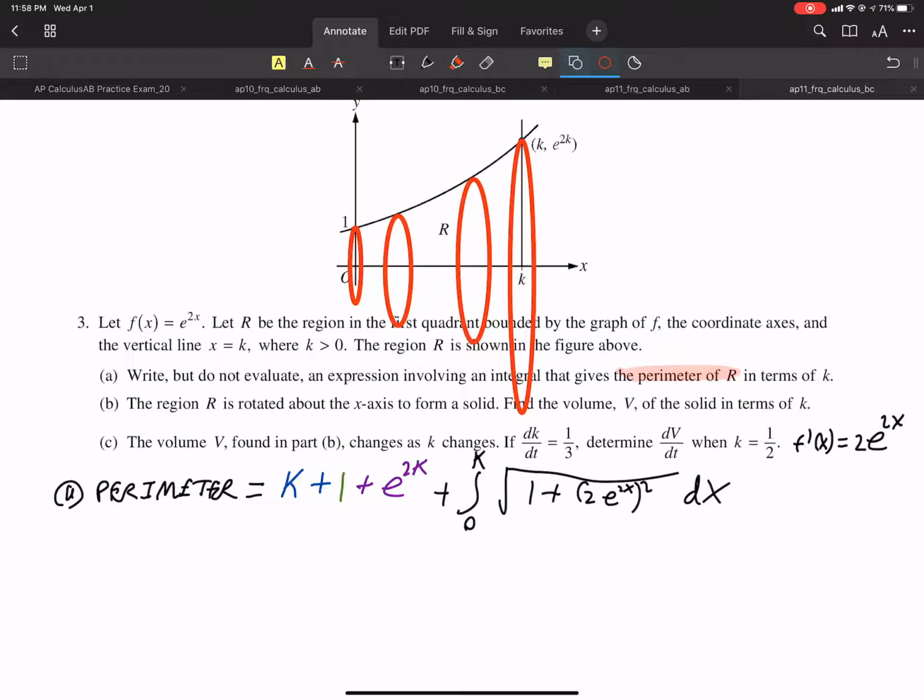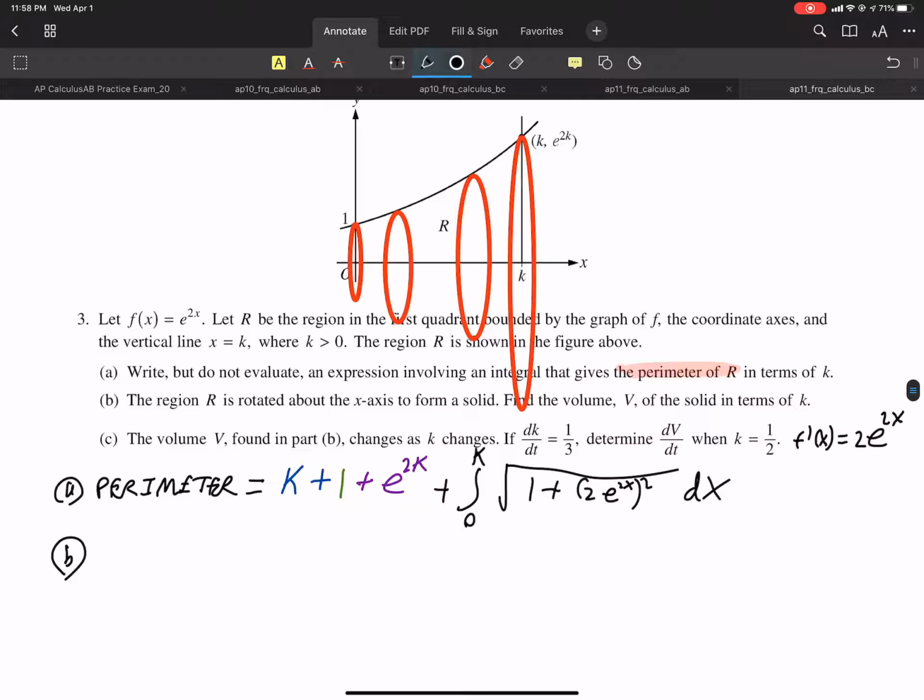So how do you find this volume? To find the total volume, you have to add up all the volumes of each disk. And we're starting at 0 and ending at k. But what's the volume of any shape? It's the area of the shape times the thickness.